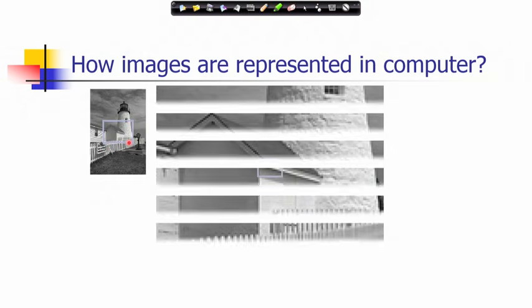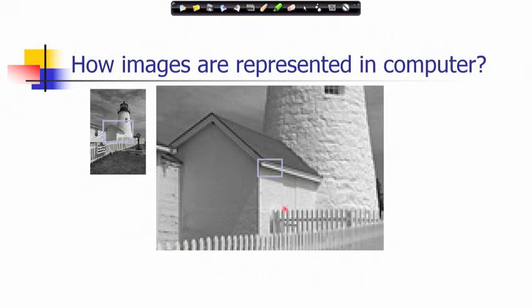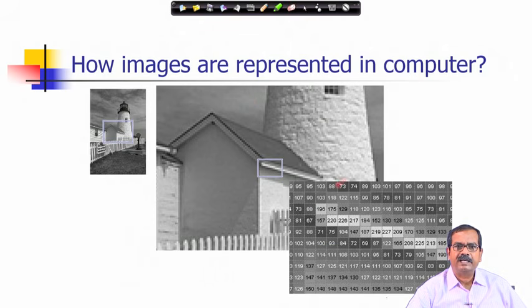If I zoom this portion, then you will find the enlarged portion of the image, and you can see that some of the details are more visible here, and there are certain rectangular regions of pixels which are also visible. If I zoom this area further, you will observe small squares of uniform illumination.